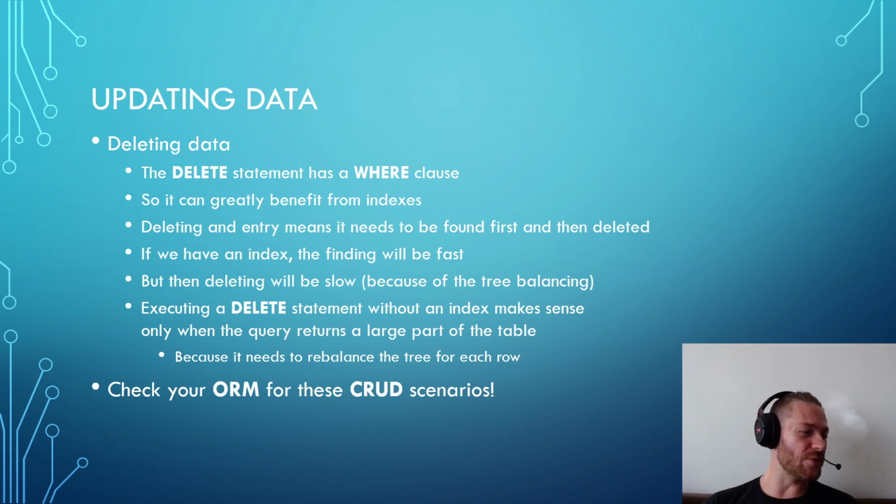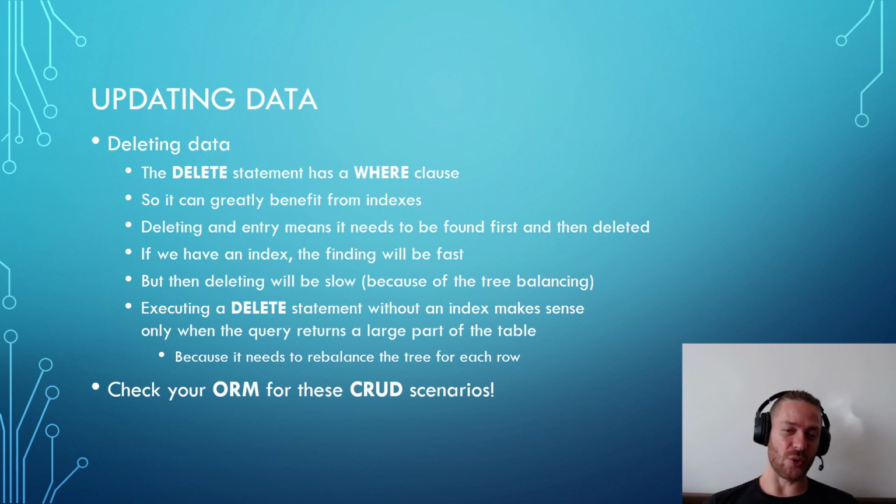for example, one of our tables becomes very slow because it has millions of records, and we need to delete the older ones because we no longer use them, or we want to archive them in some other table. So what we need to do is delete a huge portion of that table.